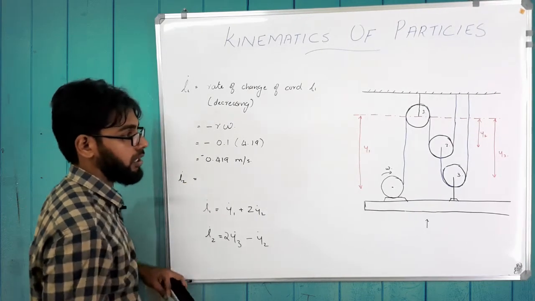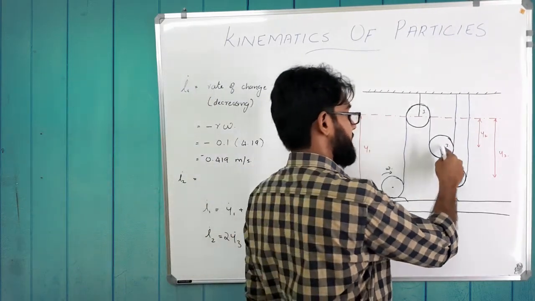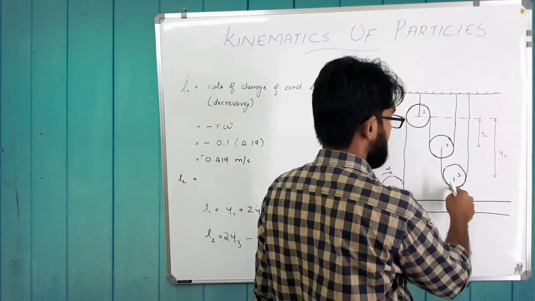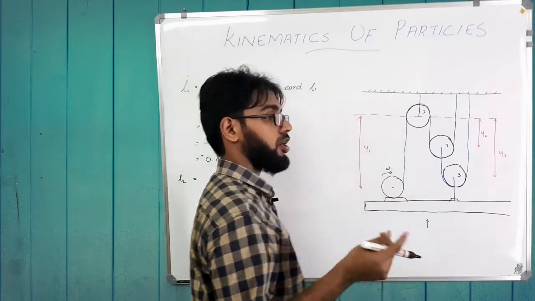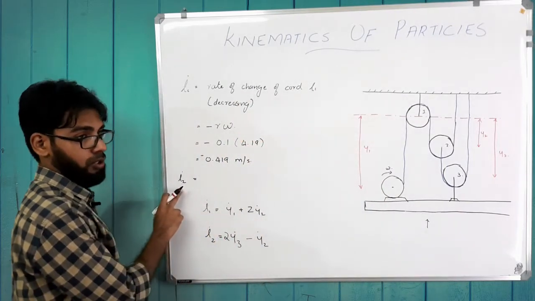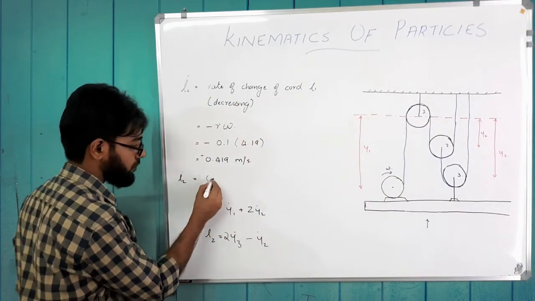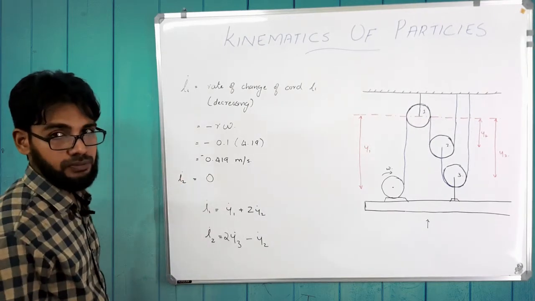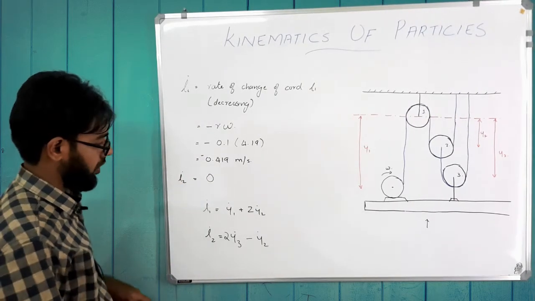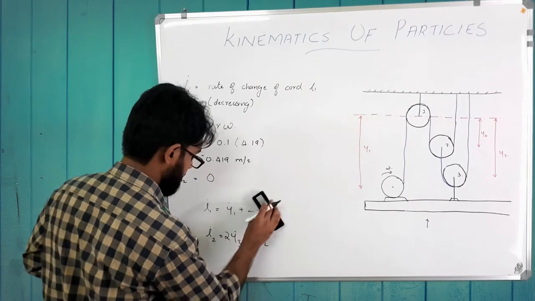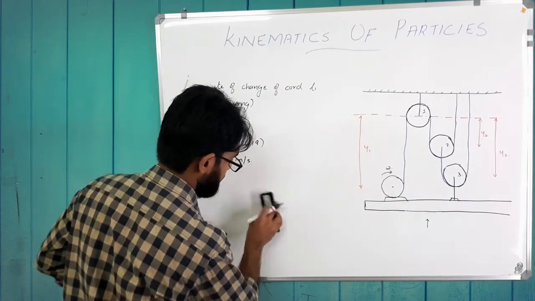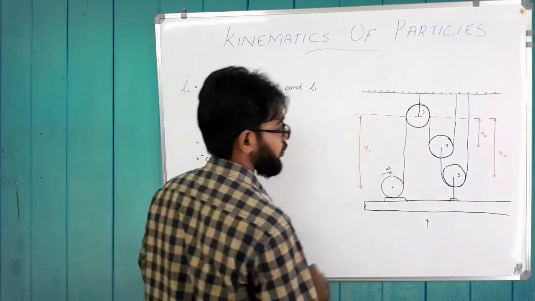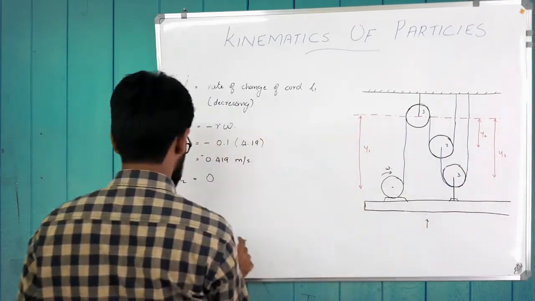Now the second is L2 dot. The length of chord L2 is constant. So as such, the rate of change of L2, or L2 dot, will be equal to 0. Now the next one I will go is for Y3 dot.